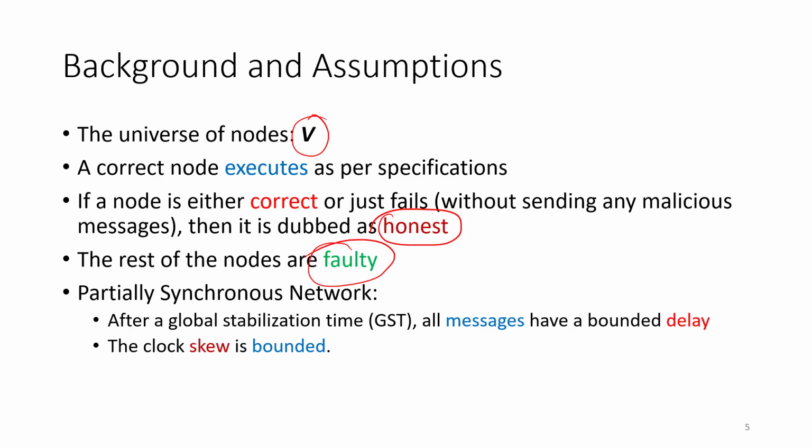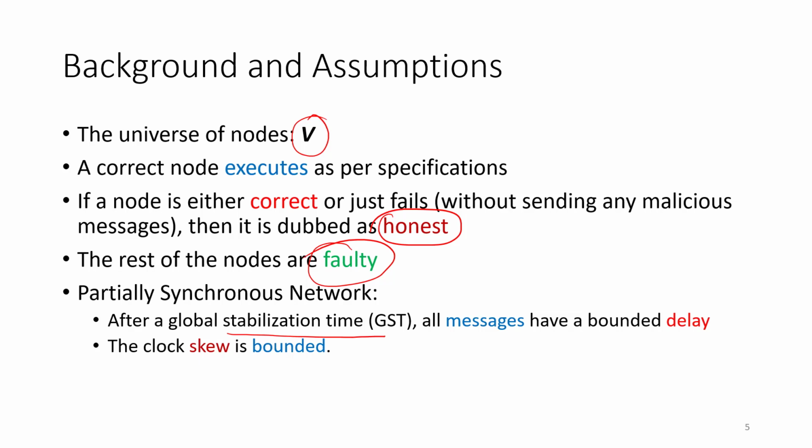So the Stellar protocol can work in an asynchronous setting. It is just we can't make certain guarantees. But if it's a partially synchronous network, which is often the case, where the clocks are loosely synchronized, we can make more guarantees as we will see. So we assume periodic clock synchronizations known as a global stabilization event. And when the clocks are synchronized, it's a global stabilization time.